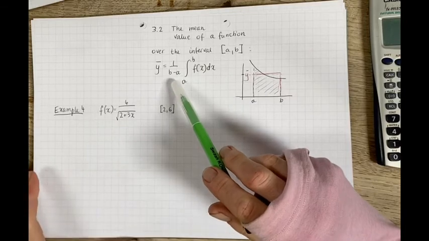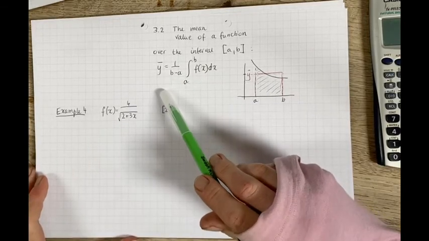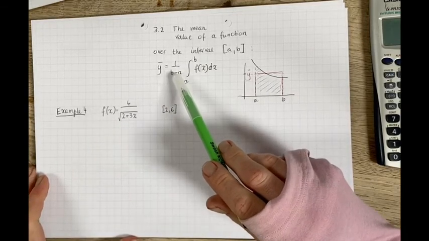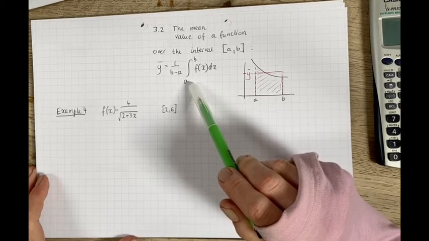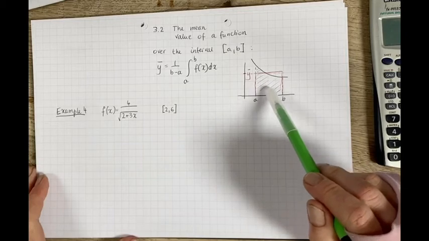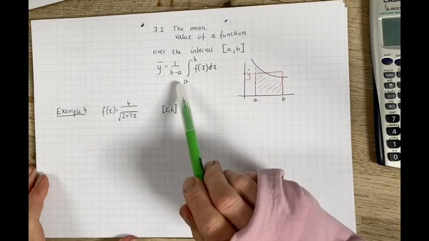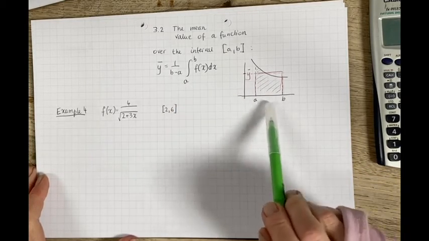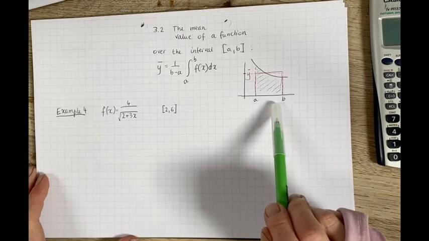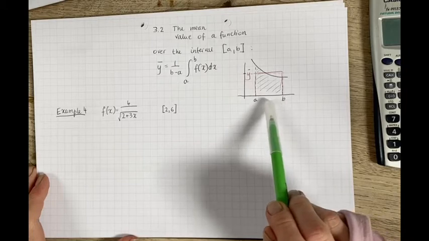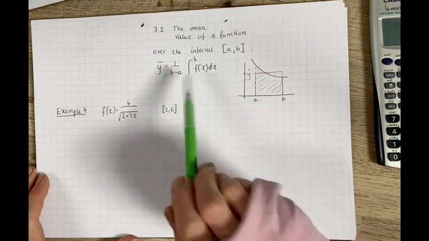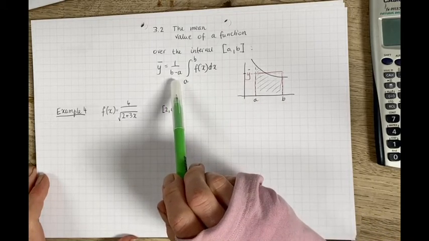It's simply defined. You put y bar, and then you find the integral of that function, which I've highlighted with the black area, and then you divide it by the width of the interval, so the limits between which the integral is evaluated.